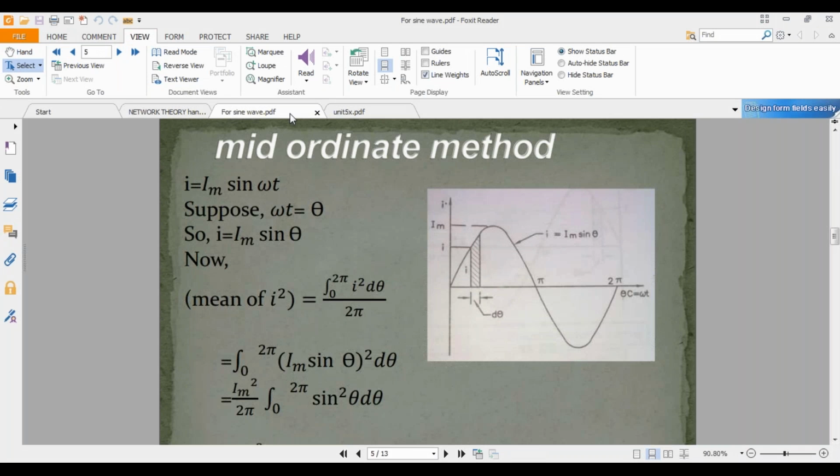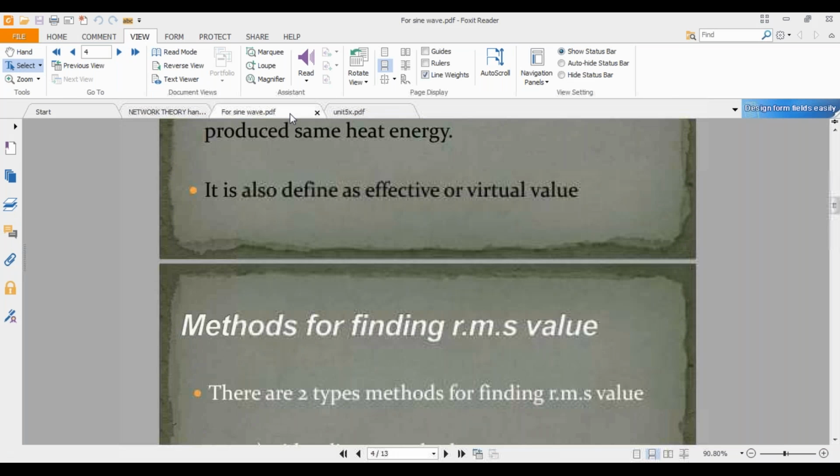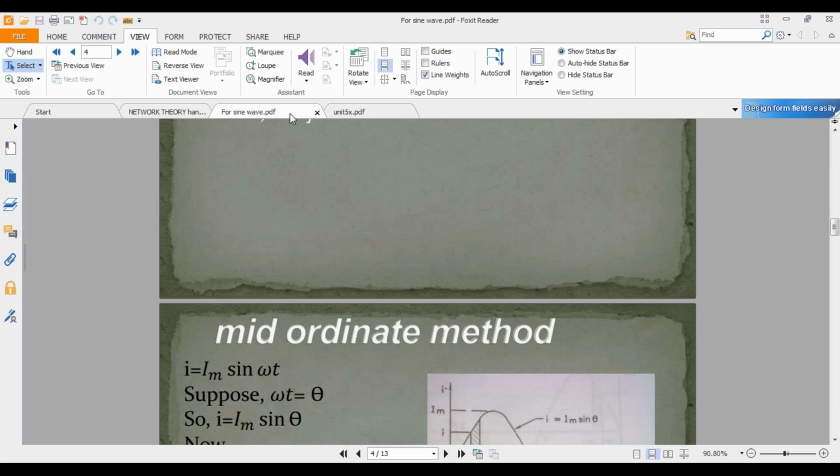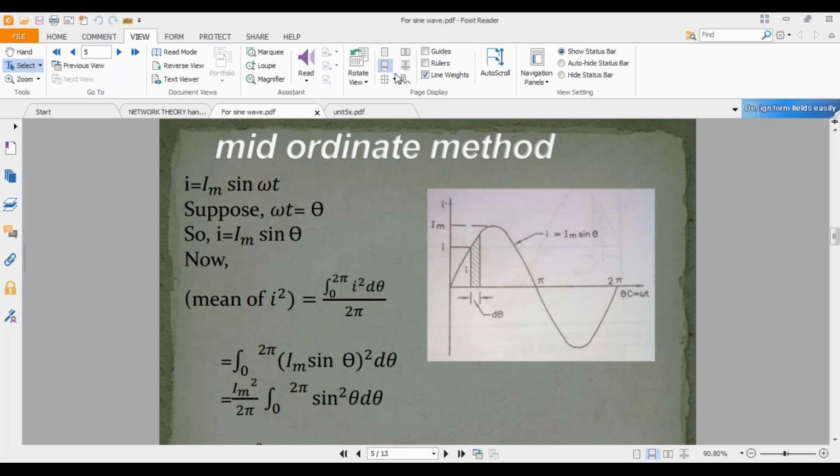Now we will take some values, calculating an average value and RMS value for sine waves. For a sine wave, let me take a sine waveform here.